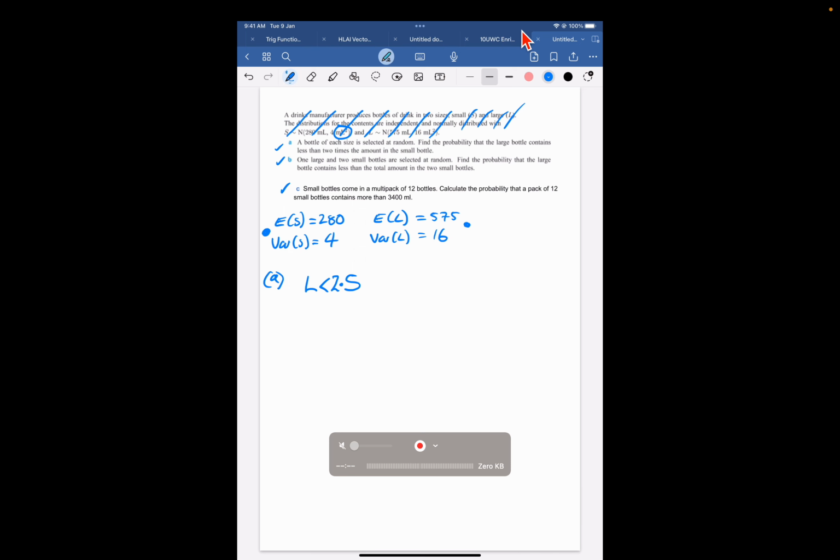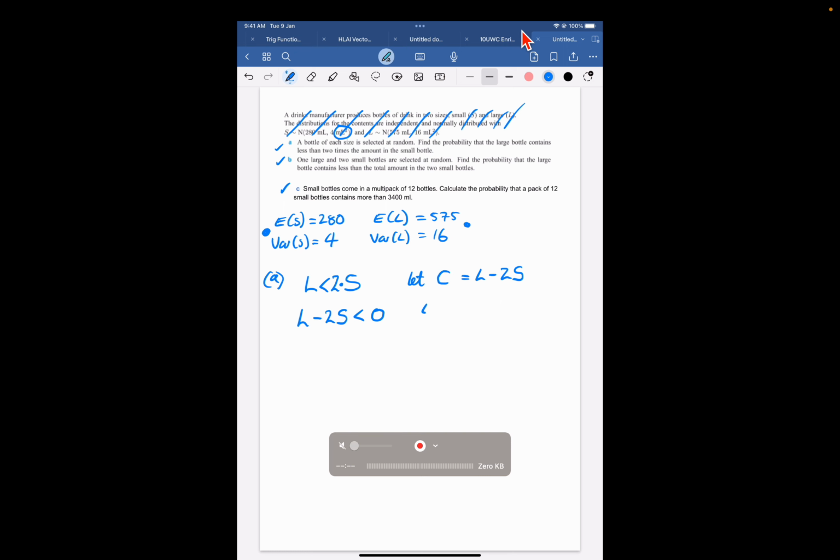The way we do this is we have to combine those normal distributions into one. So we bring everything over to the one side, L minus 2S, which will be less than 0. I'm going to make another variable, the combined, C equals L minus 2S.